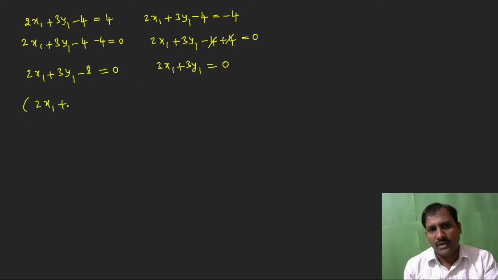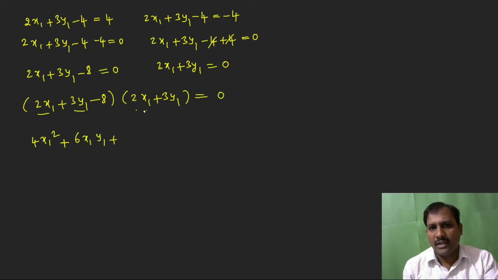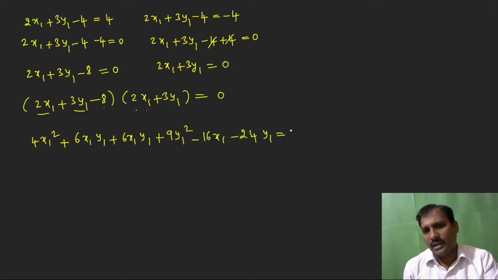So that is (2x1 + 3y1 - 8) into (2x1 + 3y1) is equal to 0. So let us simplify this. 2x1 into 2x1, 4x1 square, 2x1 into 3y1, 6x1y1, plus 3y1 into 2x1, that is 6x1y1, plus 3y1 into 3y1, 9y1 square, minus 8 into 2x1, 16x1, minus 8 into 3y1, minus 24y1 equal to 0.